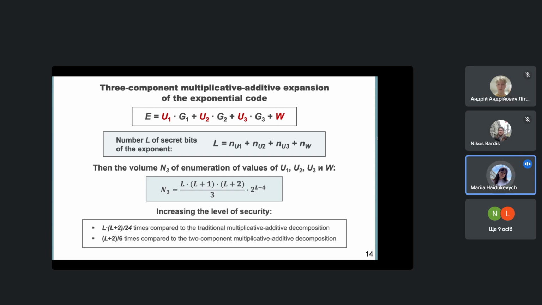Accordingly, compared to the usual additive decomposition of the exponent, the use of a three-component multiplicative additive decomposition allows increasing the level of security by 36,905 times.